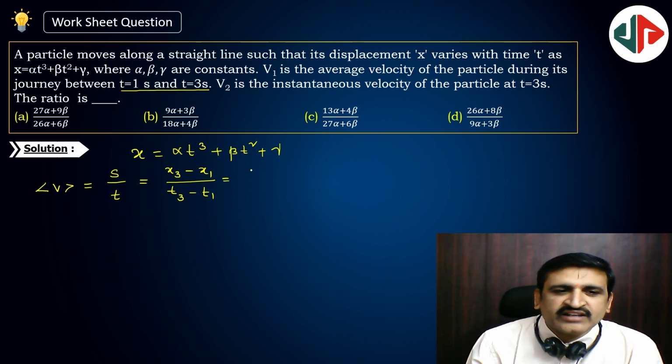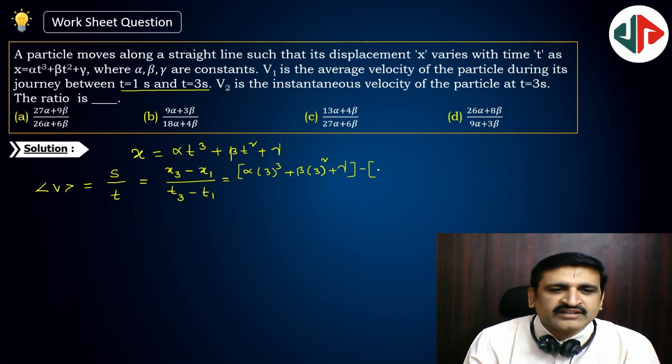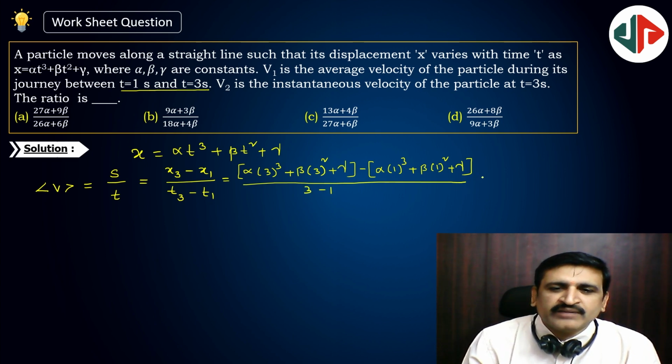Substituting for x3: α into 3 cube plus β into 3 square plus γ, minus x1: α into 1 cube plus β into 1 square plus γ, divided by 3 minus 1, which is 2.